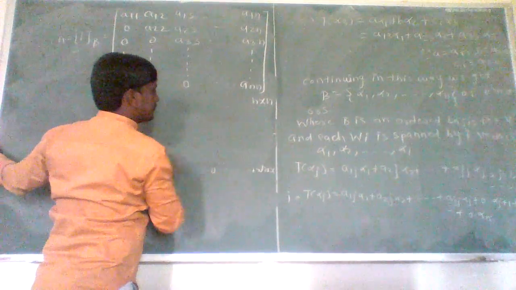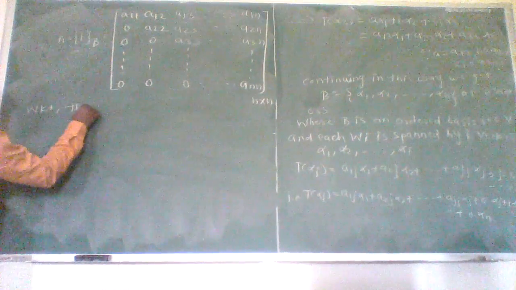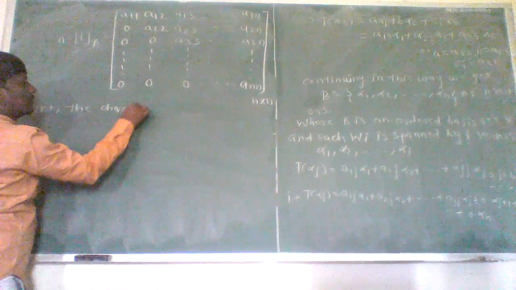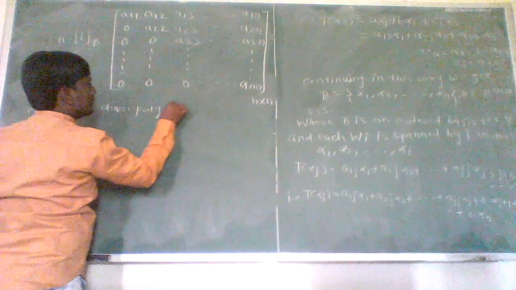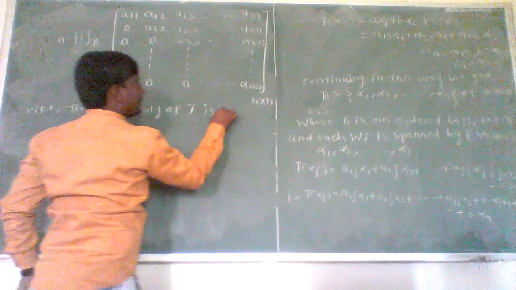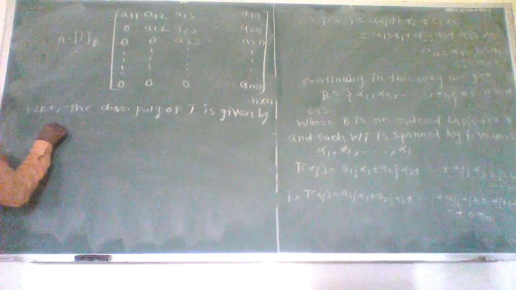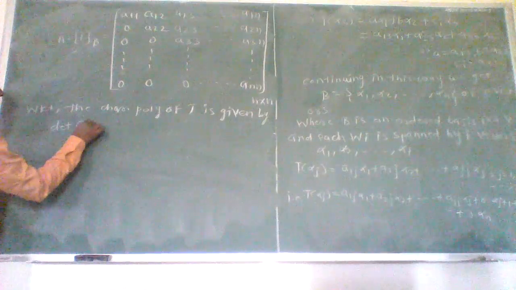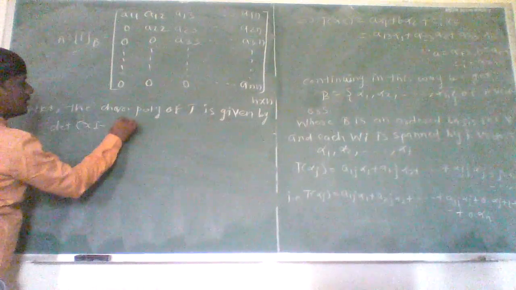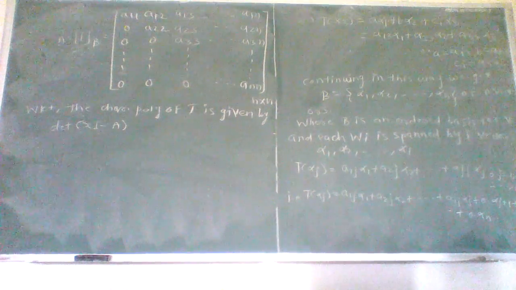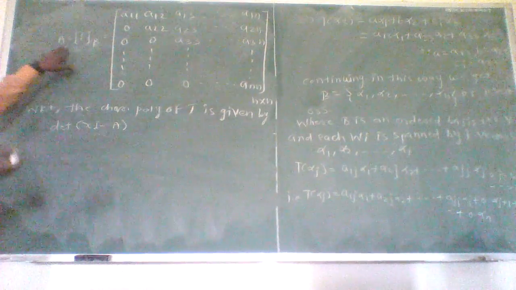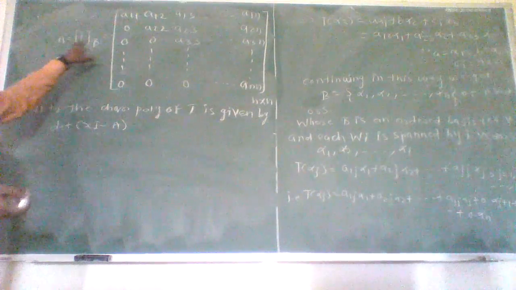And we know that the characteristic polynomial of T is given by determinant of xI minus A. And in the previous lecture we have proved that the matrix of linear operator T with respect to basis B is of this form.